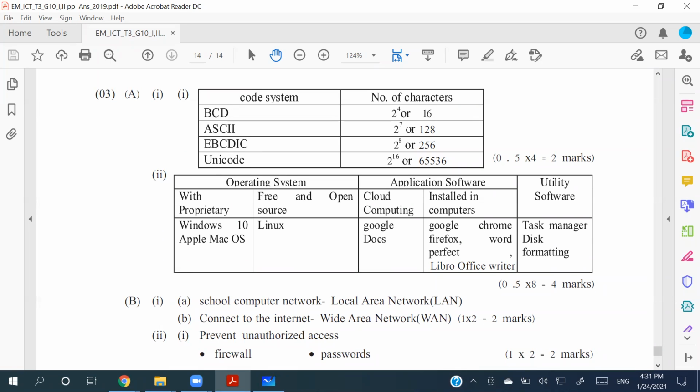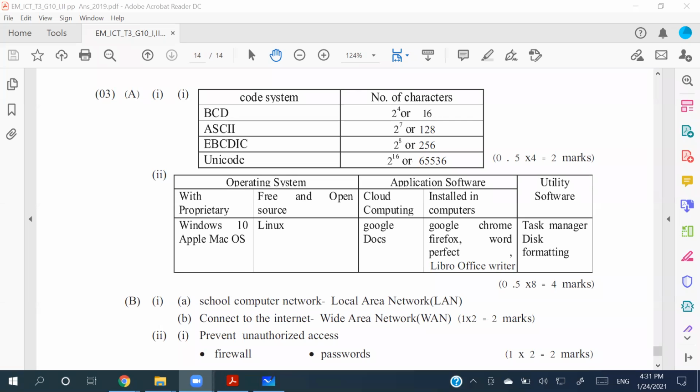Yeah, that's correct. So BCD, even though it is used to indicate 0 to 9 numbers, we can use it for 16 characters, but they haven't in that case, right?